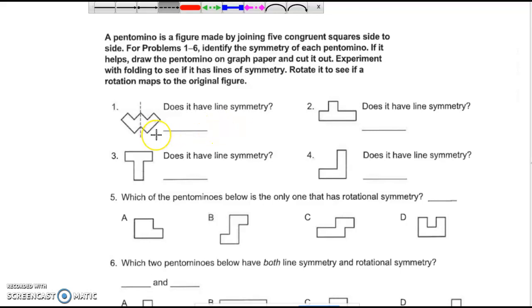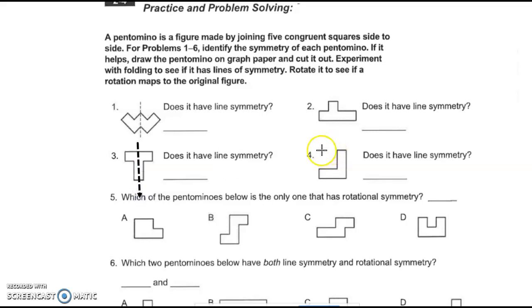Where's the line of symmetry? Right here. So there's our line of symmetry. Okay. How about number 4? Does it have line symmetry, Tessa? Yes. Where do I draw that line? Like this, diagonally, like that.